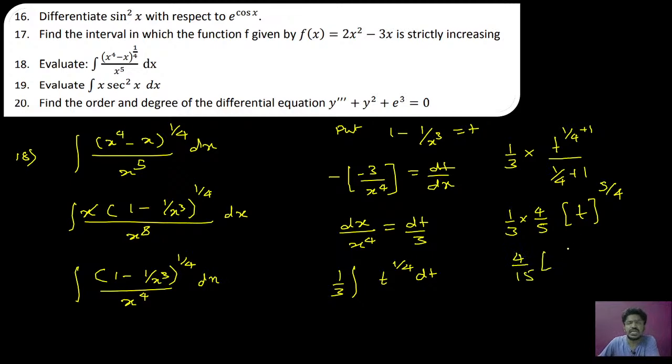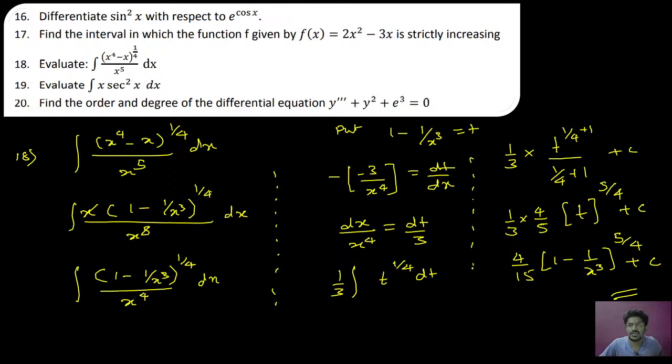What is t? t is 1 minus 1 by x cube, whole to the power of 5 by 4, plus c is your answer. You mention plus c. Okay. 4 by 15, 1 minus 1 by x cube whole to the power of 5 by 4 plus c will be the answer. Okay. So I think all of you are following it.